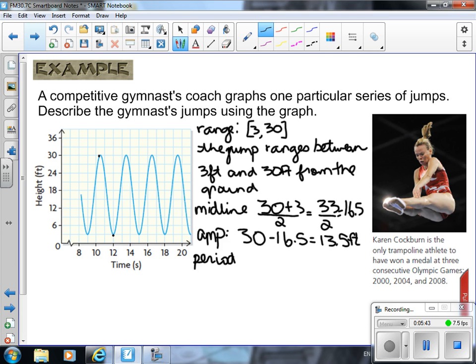So we'll go from the max point here to the next max point. Actually, those don't line up nicely with the x-axis, so we'll use the min points. From 12, the next min point would be at 15. So it takes 3 seconds to complete a jump.